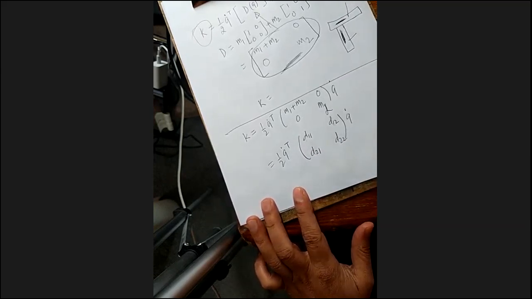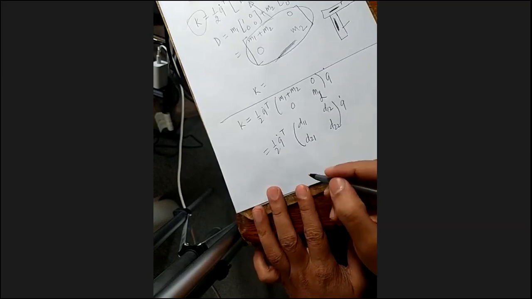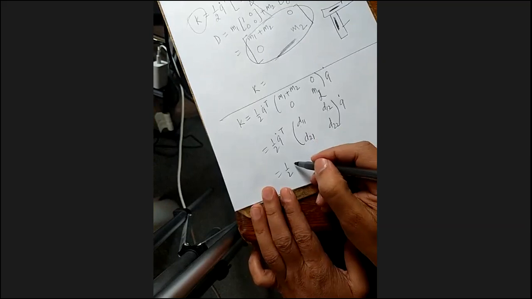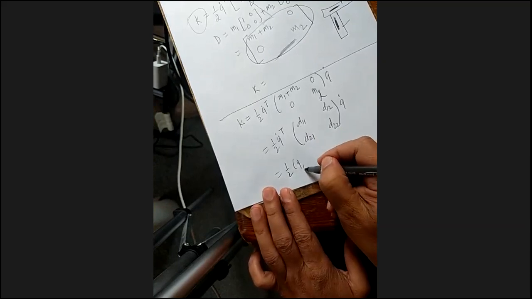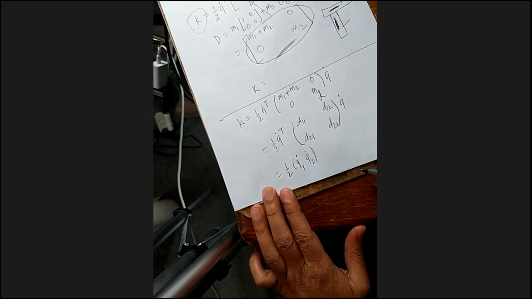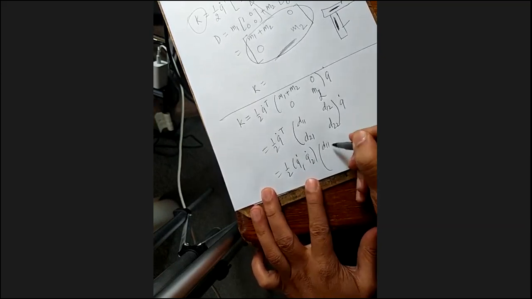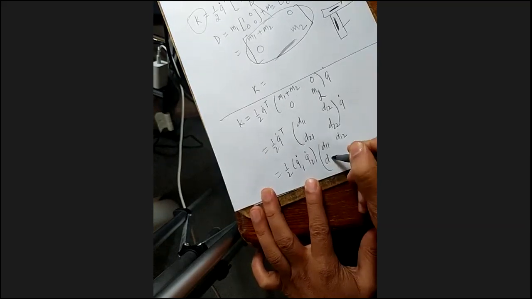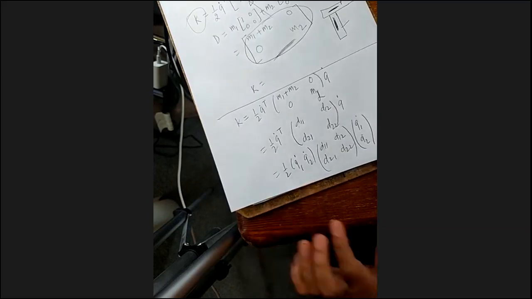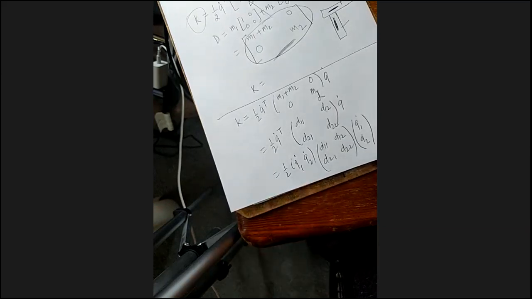I'm writing it this way. So what is my 1 over 2 Q dot transpose? I can write this as Q1 dot and Q2 dot, then D11, D12, D21, D22, then Q dot, which is Q1 dot, Q2 dot. So far so good.